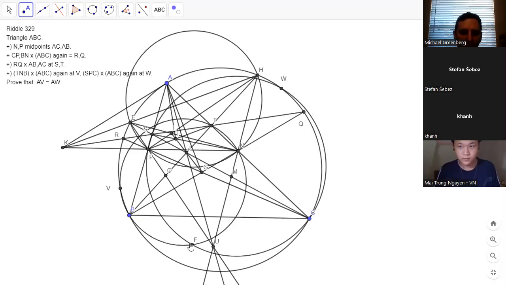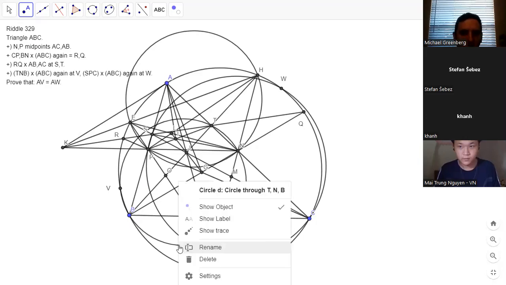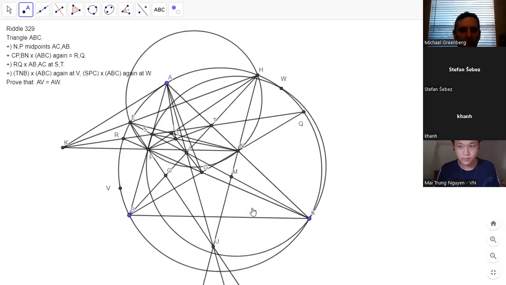Now let me get rid of this point F. So TNH or TNB, we want to show TNBV is cyclic then. Actually, you can just define V that way and then prove AW equals AV.